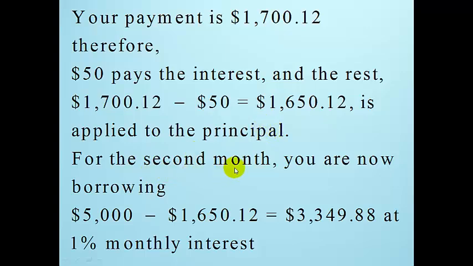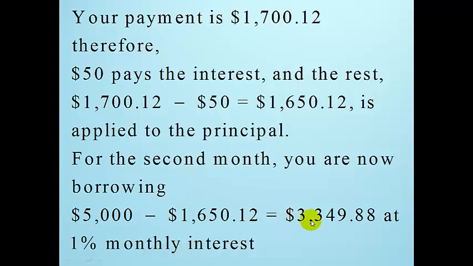So for the second month, it means we are now borrowing 5,000 minus 957.12. When you subtract 957.12 from $5,000, we are left with 4,042.88 at 1% monthly interest.